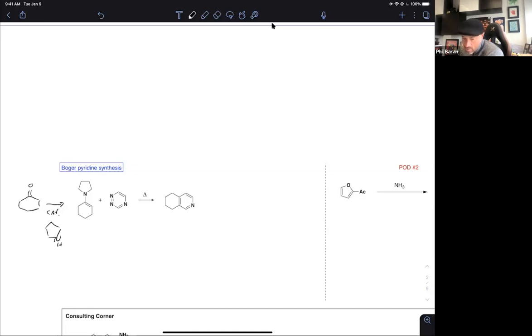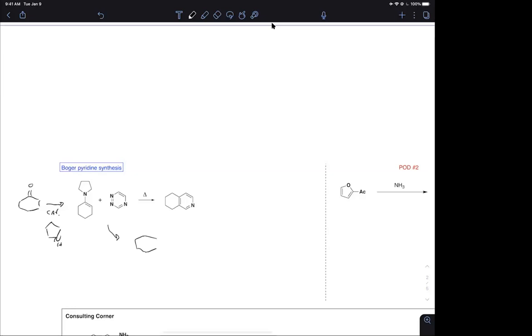Maybe Feng can just quickly tell us what happens in here. Sure. So first you do simply 4+2, and then you squeeze out the molecule nitrogen with a retro 4+2. And finally, after I think hydrolysis, you squeeze out another pyrrolidine to get your final product.